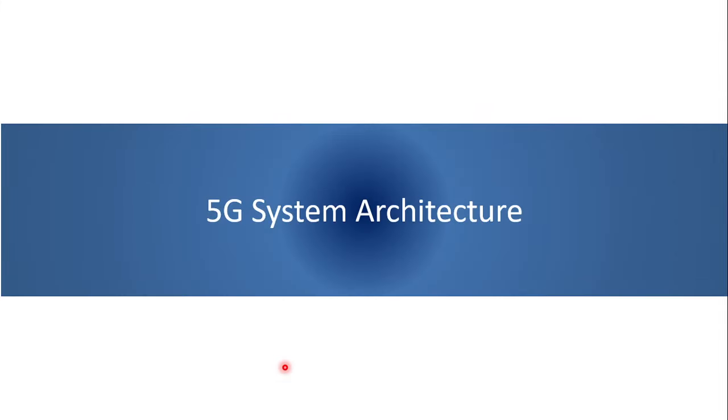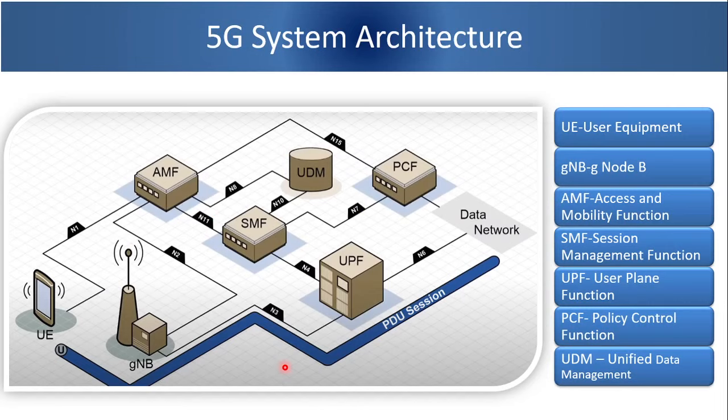So now let's look at the 5G system architecture. You just look at this particular diagram, and I'll try to explain it. First of all, we should be aware of the different network functions. All these names are completely new. It's a new architecture of 5G. Starting from this is your user equipment.